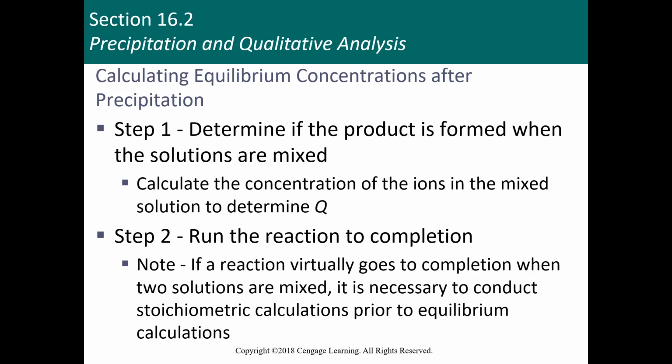So, calculating the equilibrium concentrations after precipitation. Step 1, determine if the product is formed when the solutions are mixed. Calculate the concentration of the ions in the mixed solution to determine Q. Step 2 will be to run the reaction to completion. So if a reaction virtually goes to completion when two solutions are mixed, it is necessary to conduct stoichiometric calculations prior to equilibrium calculations.